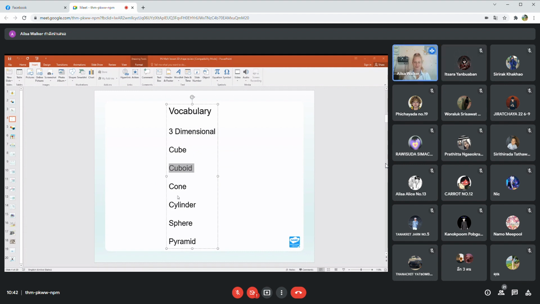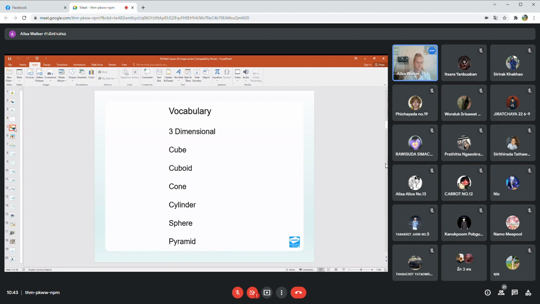Cuboid. Very good. Cone. Good job. Cylinder. How about this word? Sphere. Good. Remember, sphere is like a round shape, like a football. The last word, pyramid. Yes, pyramid.